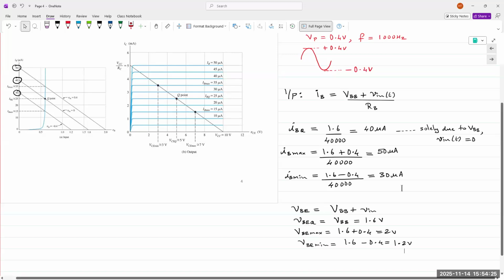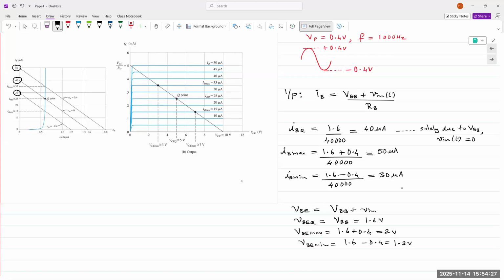So we found the current values first. Now we found the voltage values, which are right here at the bottom. And once we find those 3 values, we join our lines. And so we have our 3 load lines.